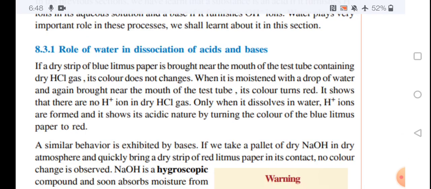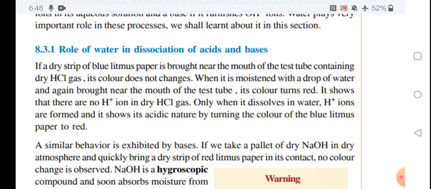If a dry strip of blue litmus paper is brought near the mouth of a test tube containing dry HCl gas, the color does not change. When it is moistened with a drop of water and again brought near the mouth of the test tube, the color turns red. It shows that there are no hydrogen ions in the dry HCl gas.